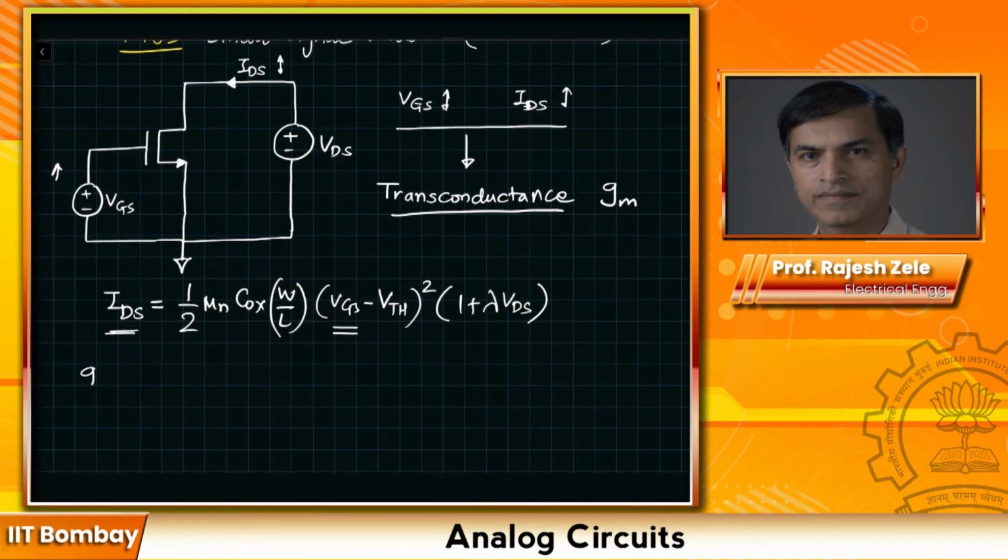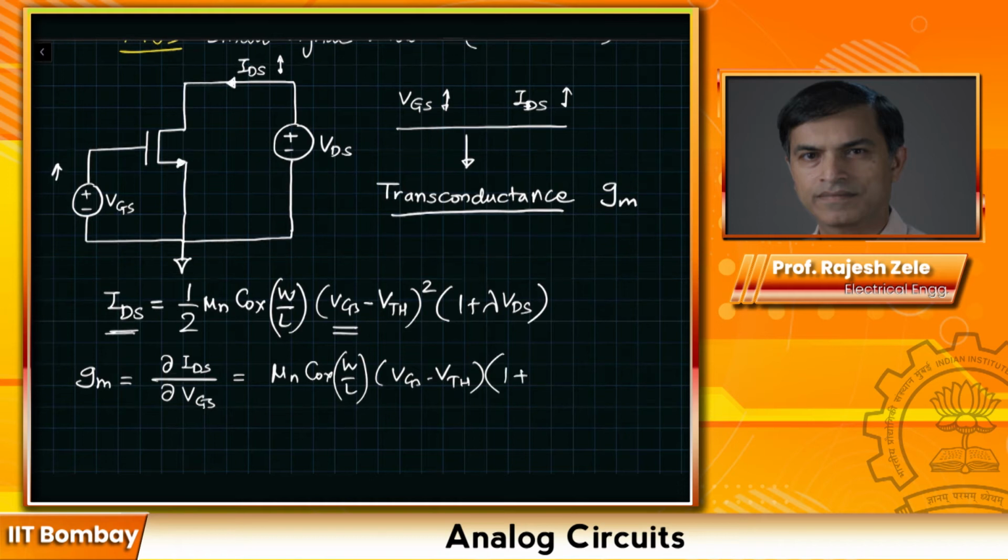The transconductance GM is equal to del IDS by del VGS when we keep VDS constant, and you can immediately see this is going to be equal to mu n Cox W by L times VGS minus VTH times 1 plus lambda VDS.